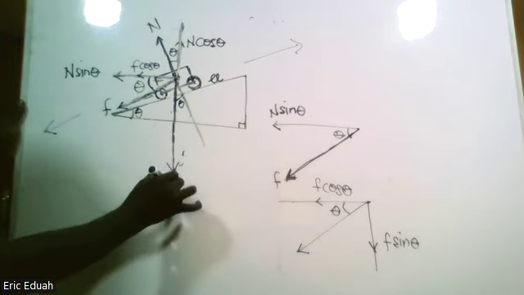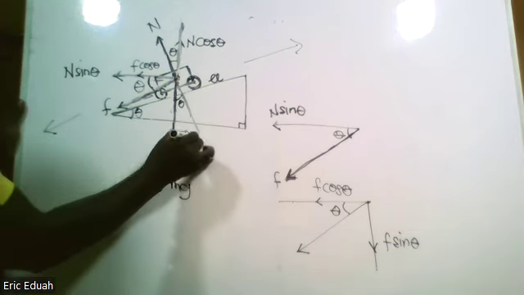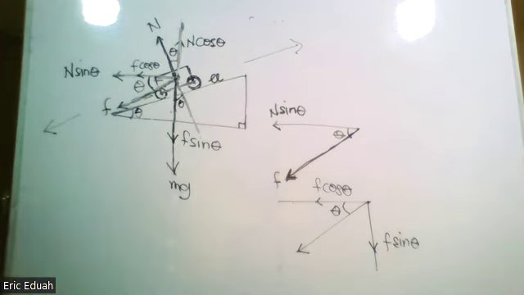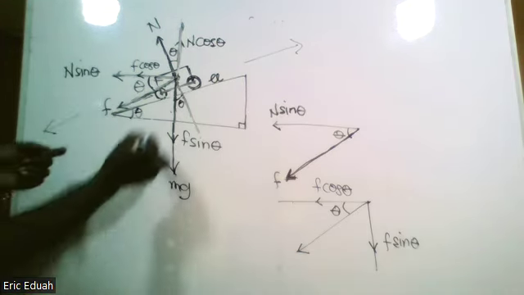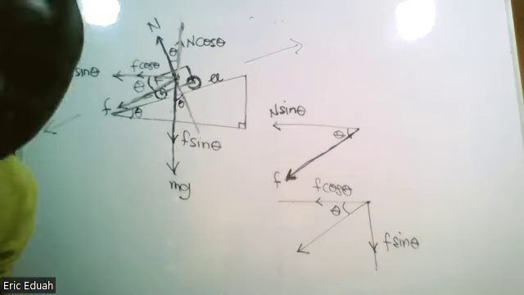So this is mg, but we equally have F sin theta along this component. Instead of bringing it here, I'm bringing it here because of equal vectors. Please, is everybody okay?